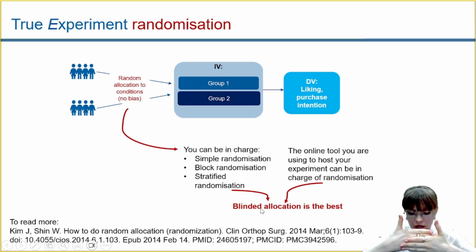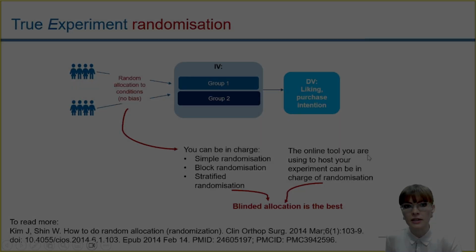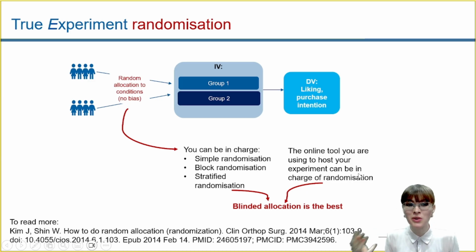You blind yourself because you don't want to introduce any bias into allocation. That's another way for you to increase the internal validity of your experiment. Like I said before, online tools already have random and kind of blinded allocation built into them, because the tool, the online portal, Qualtrics, or whatever it is that you're using, is itself randomly allocating people into the conditions.